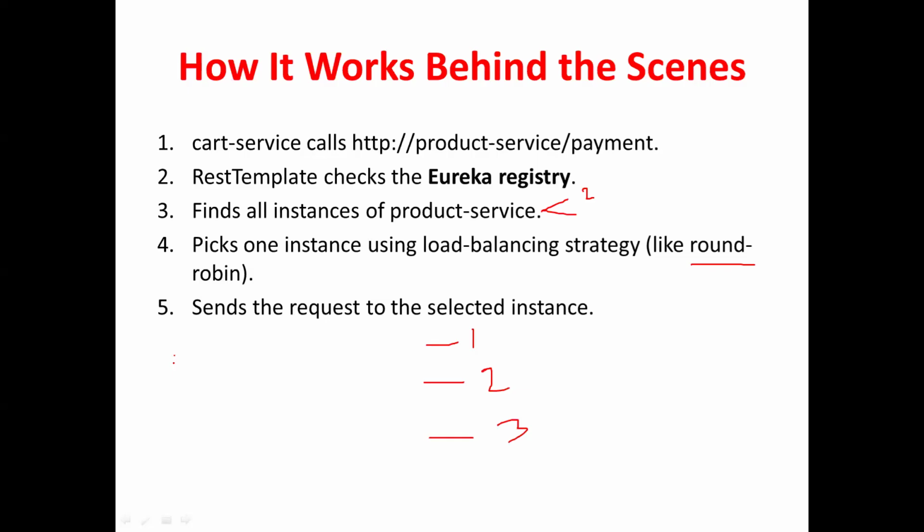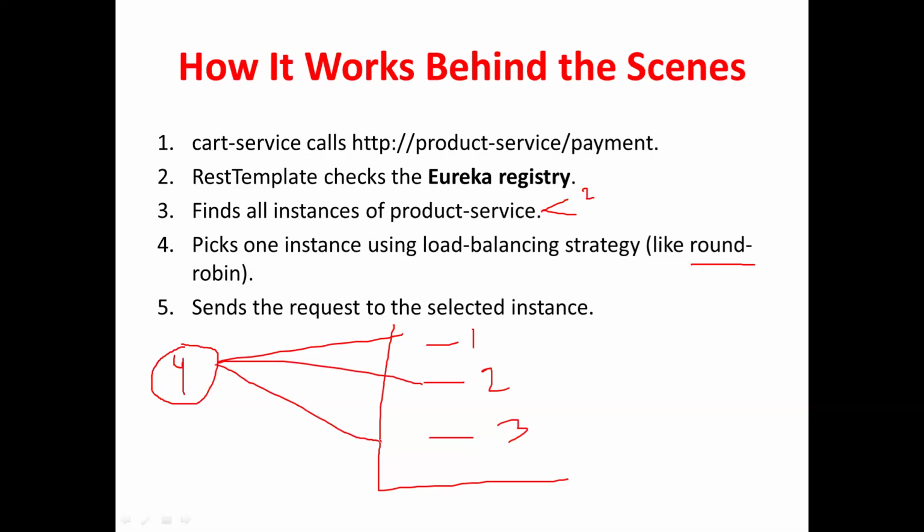Now you are sending 4 requests concurrently, not one by one. At one shot 4 concurrent users are sending the request. Out of 4, how many requests will be handled at a time concurrently? Three. Now 1 will go, 2 will go, 3 will go, then the 4th will go to the first again.